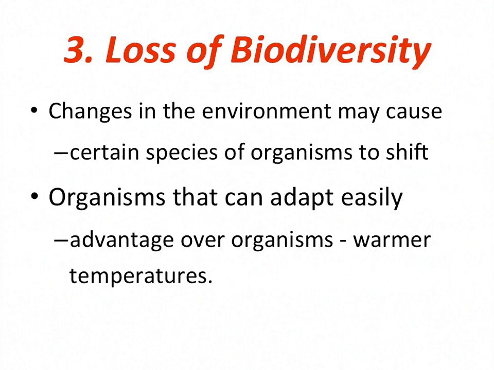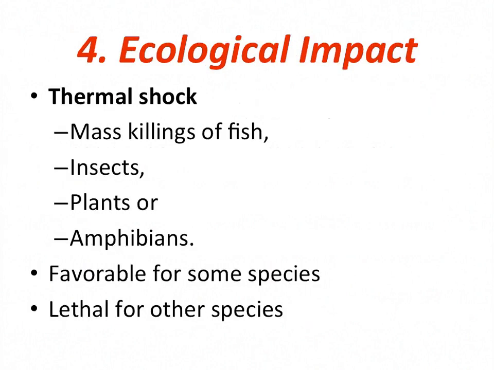So the organisms that can adapt easily may have an advantage over the organisms that are not used to the warmer temperatures. Another effect which is caused by thermal pollution is called ecological impact. That is, a sudden thermal shock can result in the mass killing of all aquatic life, including fish, insects, plants, or amphibians.